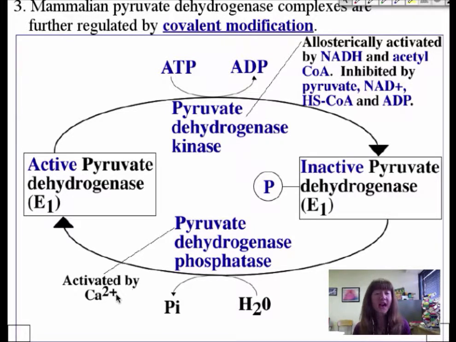And we know that muscle contraction is stimulated by release of calcium 2+ ions. Now, there are some other things that lead to release of calcium 2+, but let's think of it in that way. There are some hormones, calcitonin and whatnot, that can lead to that calcium release. But if we think about it as a muscle contraction, calcium is upregulating pyruvate dehydrogenase phosphatase.